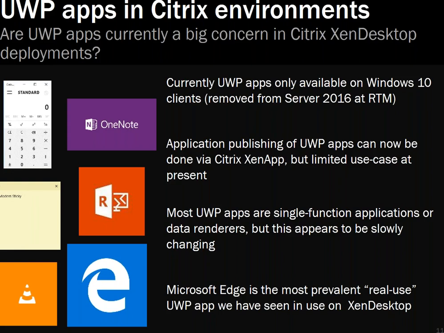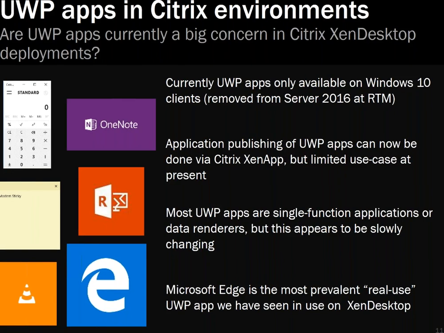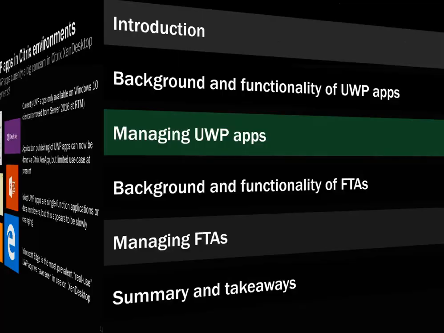The VLC video player is another one that's out there on Windows 10 that we have seen people using the UWP version of. And these are finally apps that have a few settings that you need to grab and maybe persist around in your XenDesktop or VDI environment. So there's slowly getting a little bit of traction behind it, but at the moment, not really that huge a consideration.